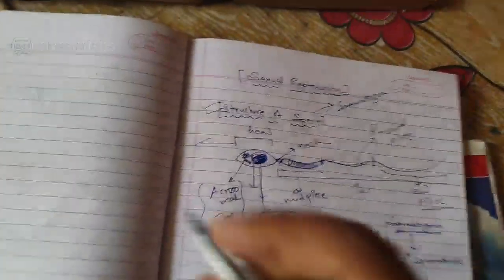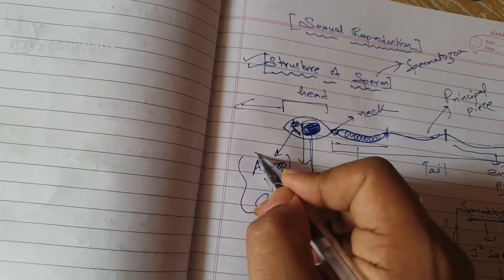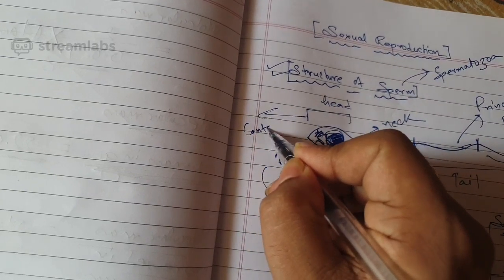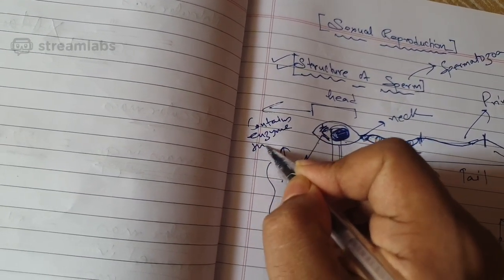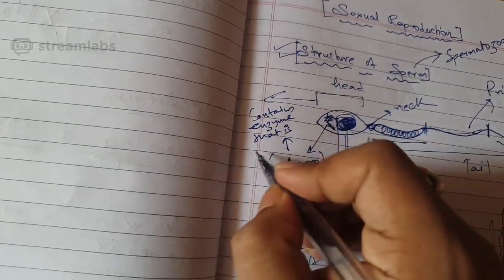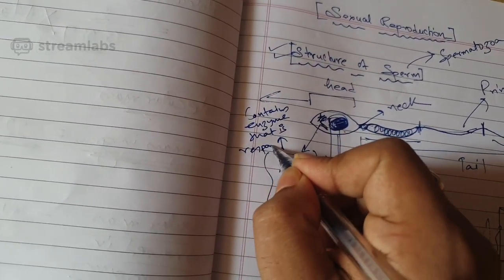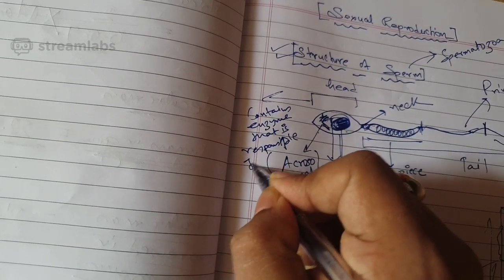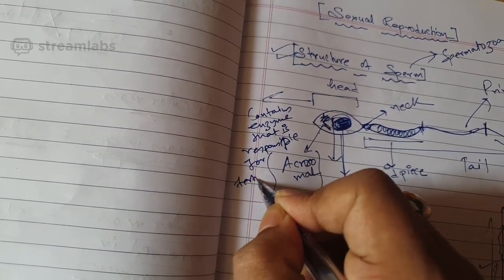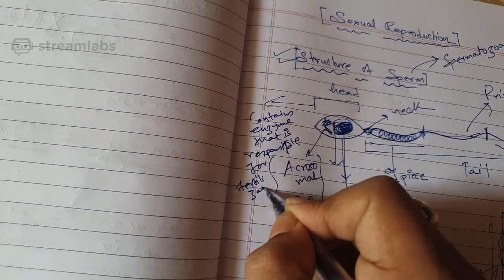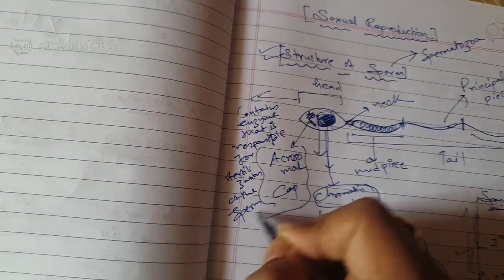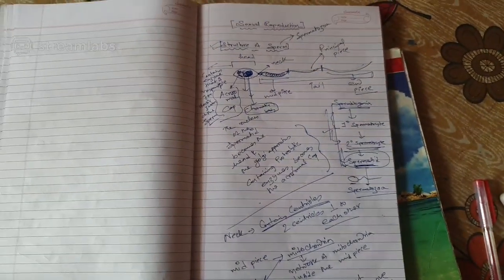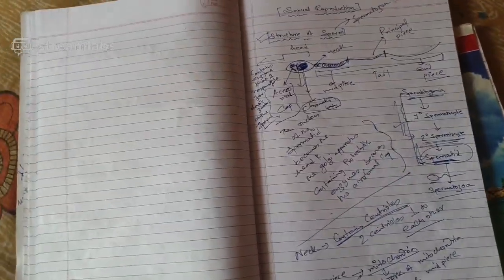So one piece of information, that the acrosome contains enzymes that are responsible for fertilization. So I guess that completes all the information about the structure of the sperm. I hope that you understand.